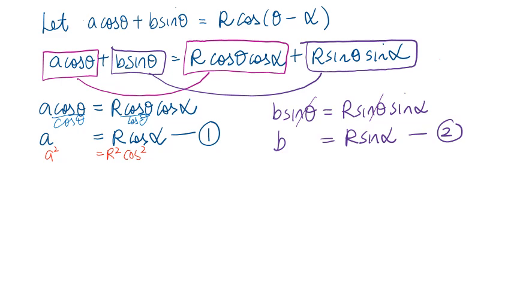Likewise, for equation 2, I will get b squared equals r squared sine square alpha. So what I'm going to do with these two newly formed equations is add them.